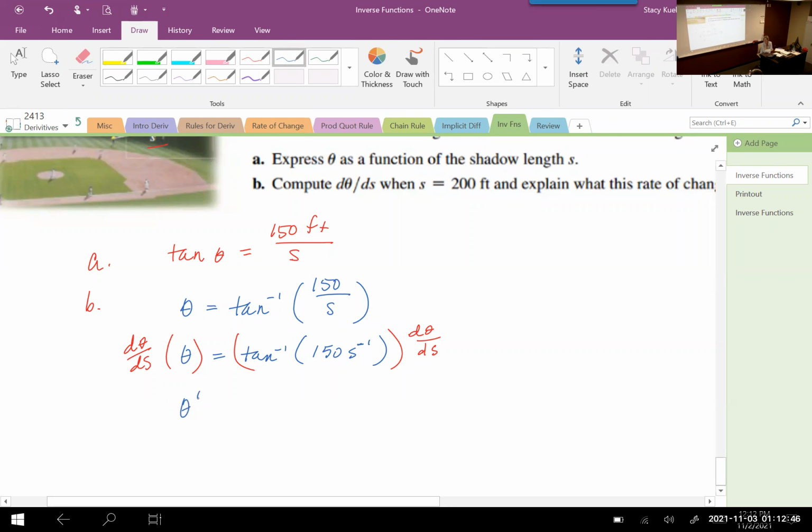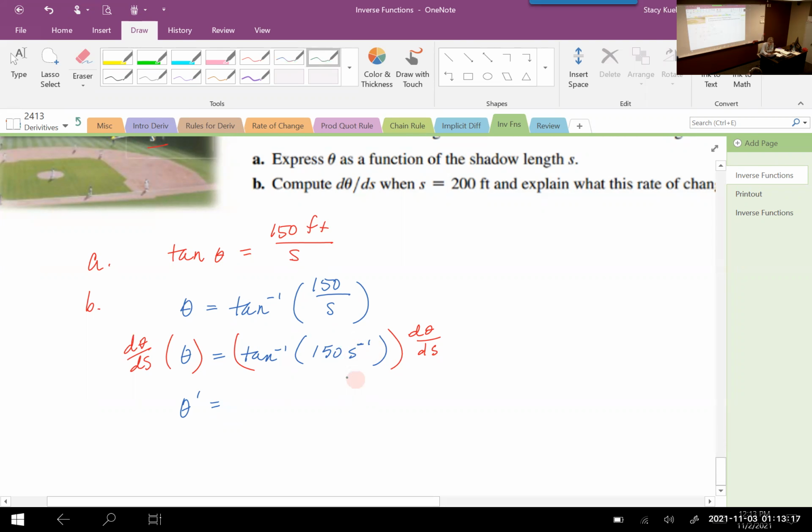It's the same thing as taking the derivative of y with respect to x, it's just y prime. And on the other side, we're going to use our newfound formula. But this is the chain rule, right? This is the chain rule because I have s inverse down here in the argument.